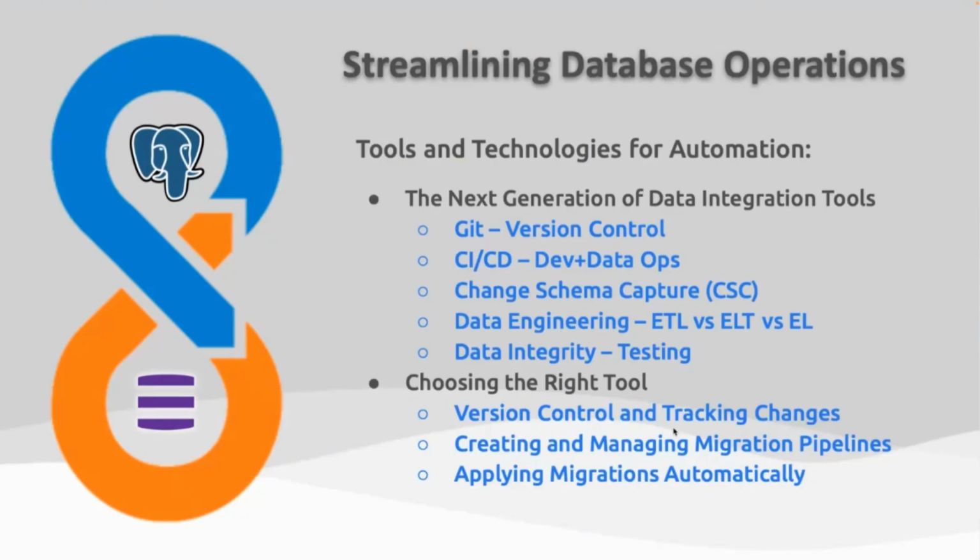So, streamlining database operations: some tools and technologies for automation, the ones that we consider the next generation of data ingestion tools. Git and CI/CD together have been there for decades. Software engineers use Git for version control, and CI/CD is there for continuous integration and continuous delivery for various software engineering products.